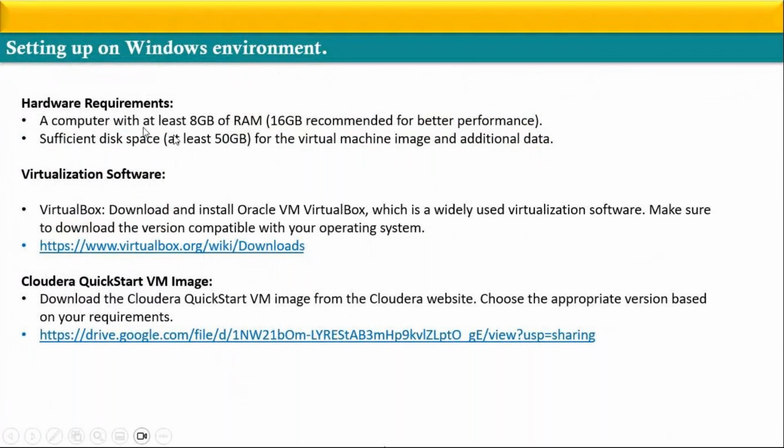The computer must have at least 8 GB of RAM, and 16 GB of RAM is recommended for better performance, and more than 50 GB of disk space. Then we are going to install virtualization software, VirtualBox. You can download and install it from this link. Then you can download the Cloudera Quick Start VM from here and import it.